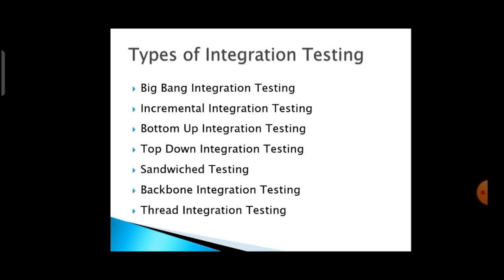It is more useful for object-oriented systems and can be used in object-oriented integration testing. A thread integrates classes required to respond to one input or event. The thread integration testing starts with a single event thread and then goes on to multiple event threads.